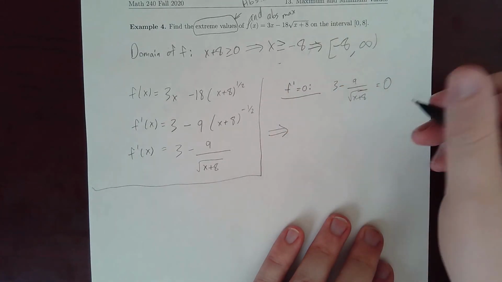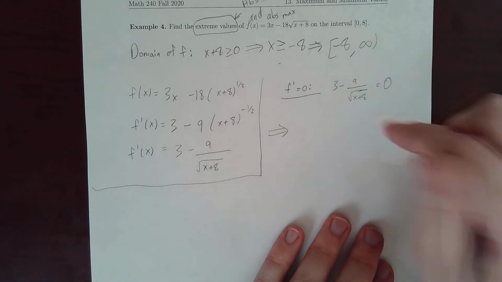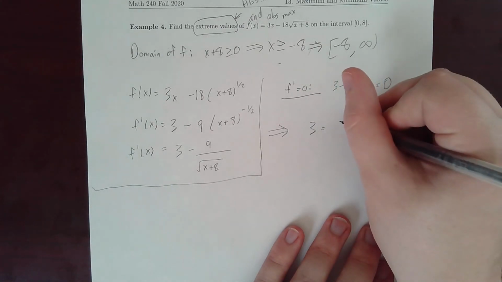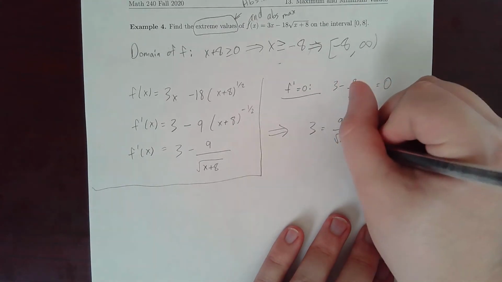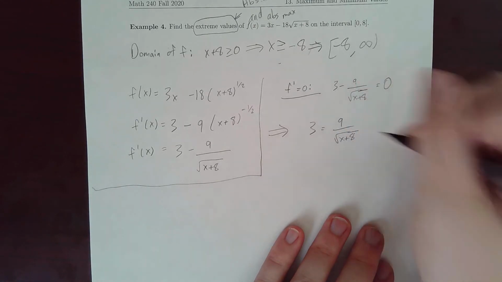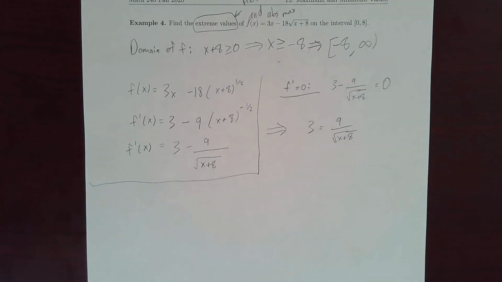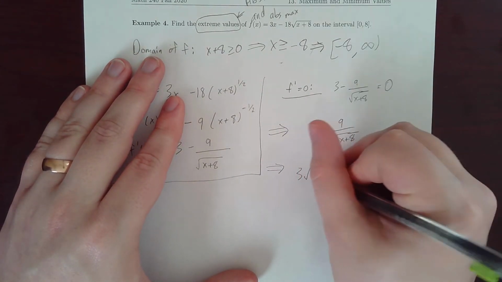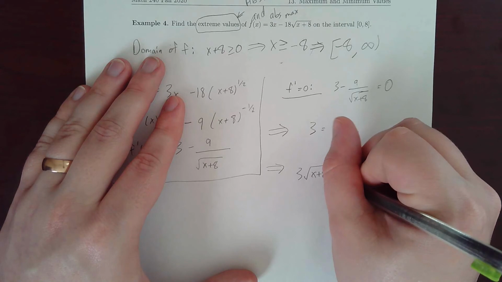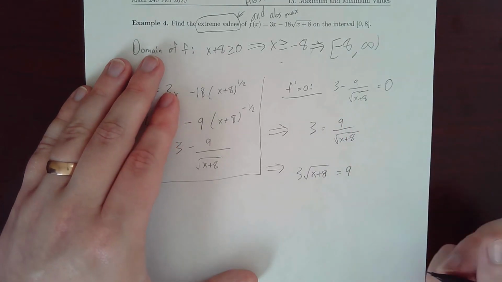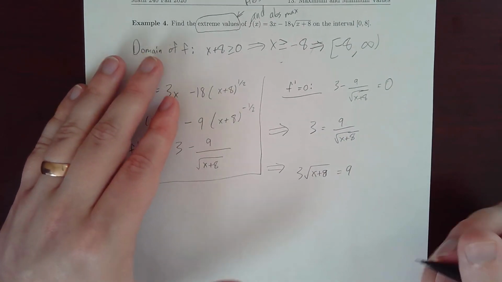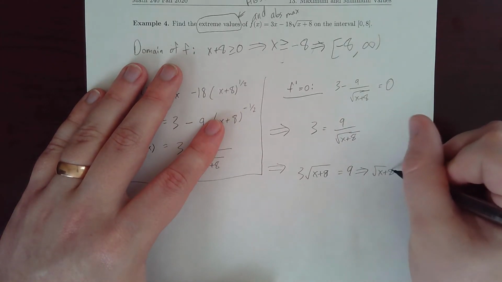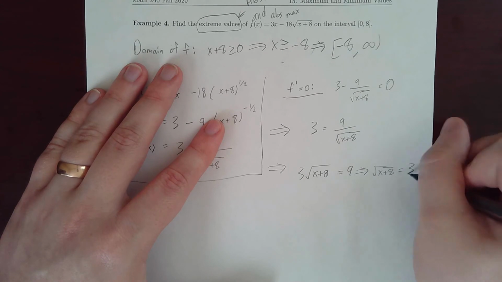What we can do is move over the 9 over the square root of x plus 8, that's negative, make this 3 equals 9 over the square root of x plus 8, and then we can multiply the square root of x plus 8 over. So then we will get 3 square root of x plus 8 equals 9. We'll divide over the 3, and we'll get the square root of x plus 8 equals 3.